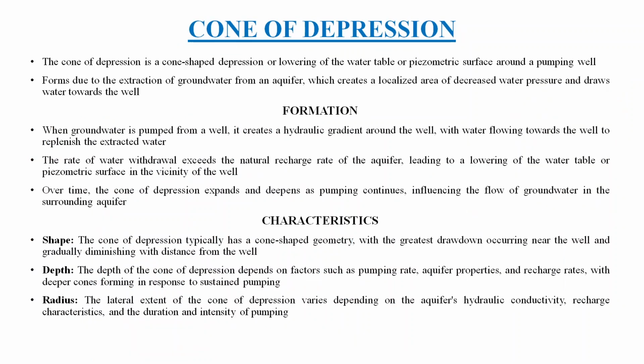Now, whenever you are producing water, discharging or taking out fresh water from the groundwater body or an aquifer, a cone of depression will form, and we will be looking into that. A cone-shaped depression is formed due to the lowering of the water table or the piezometric surface around the pumping well.